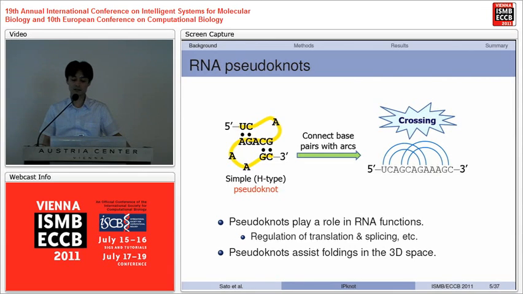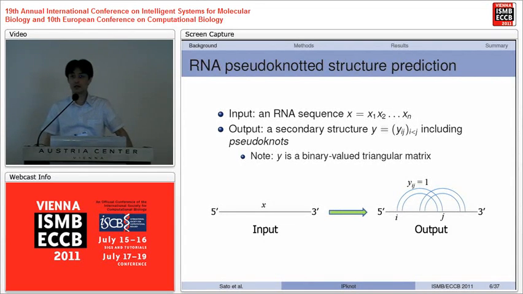It is known that pseudoknots play an important role in RNA functions, such as regulation of translation and splicing. Furthermore, pseudoknots assist the folding in the 3D space. A lot of algorithms for predicting RNA secondary structures have been developed.